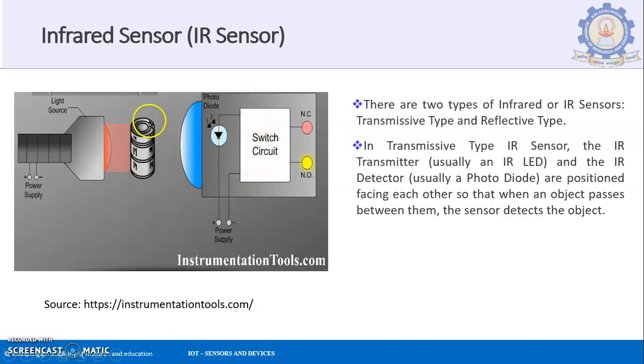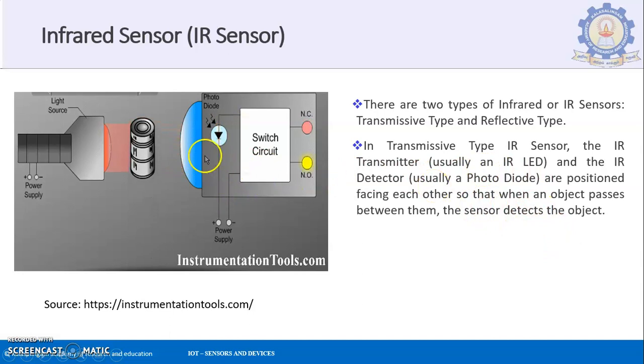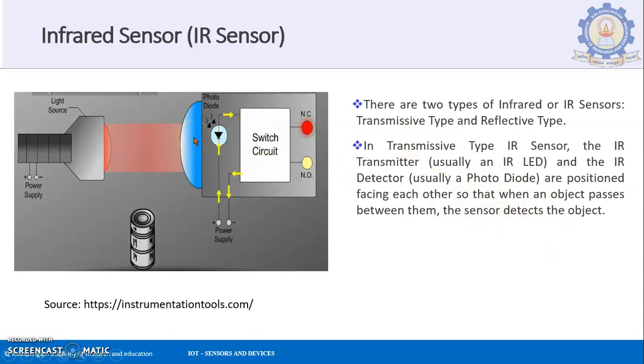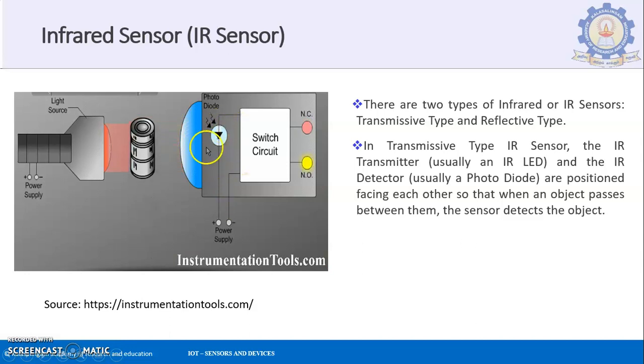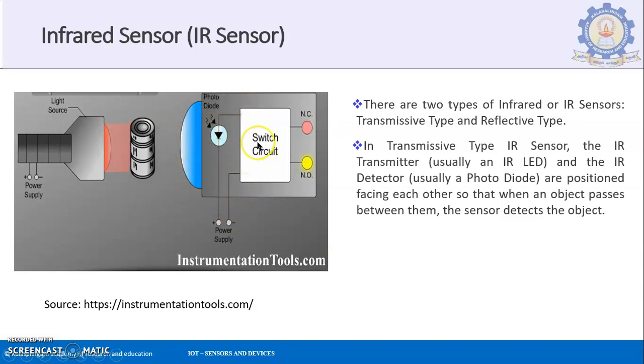So the concept is the IR LED generating a source of light and the photodiode receiving that light. If the photodiode is not receiving light, the circuit goes off. When it is receiving light, the circuit is on, conducting. So this is a photodiode. This is almost the same principle as the LDR.